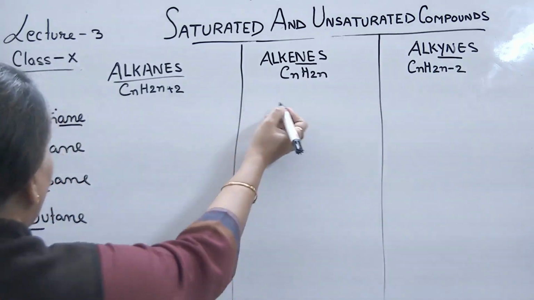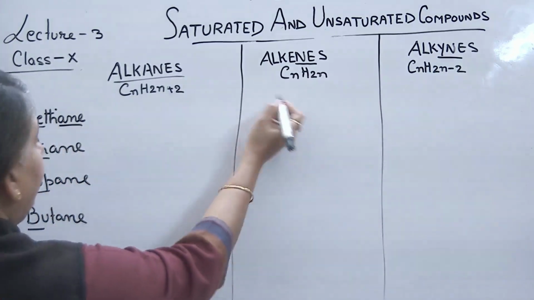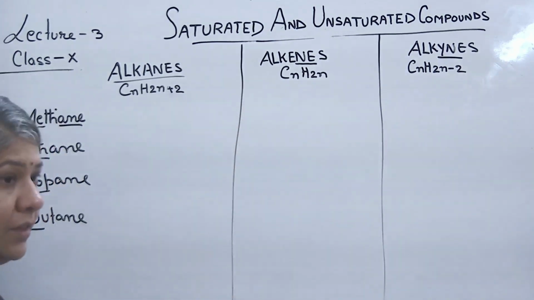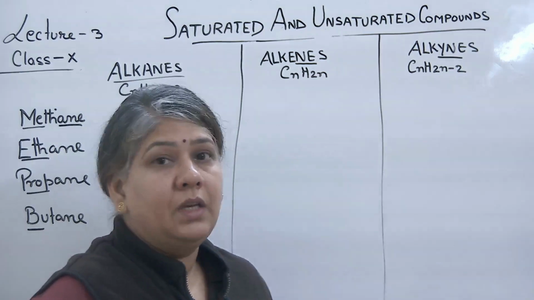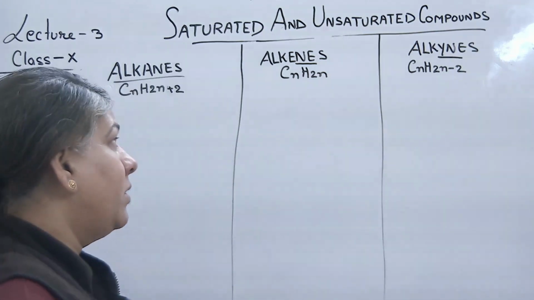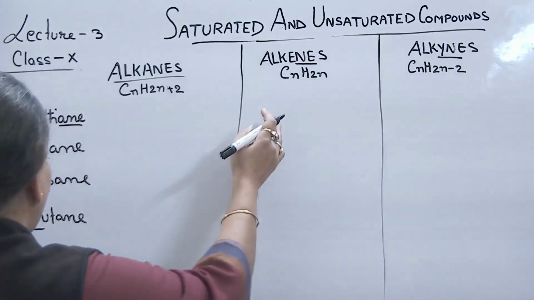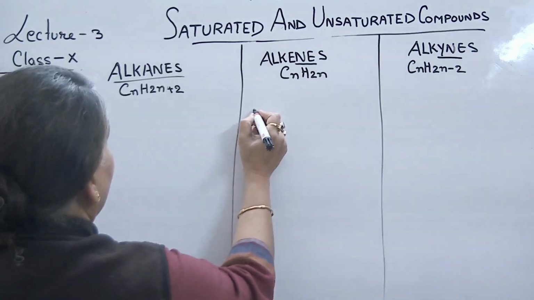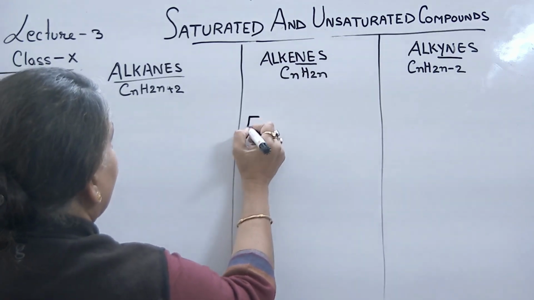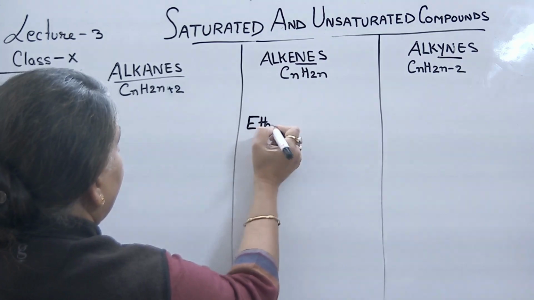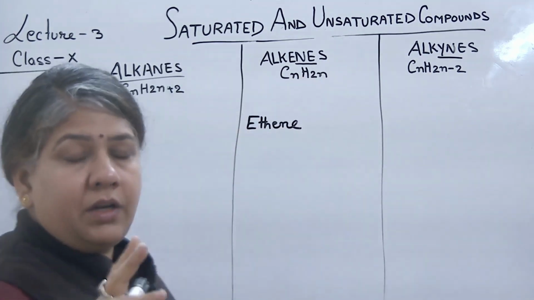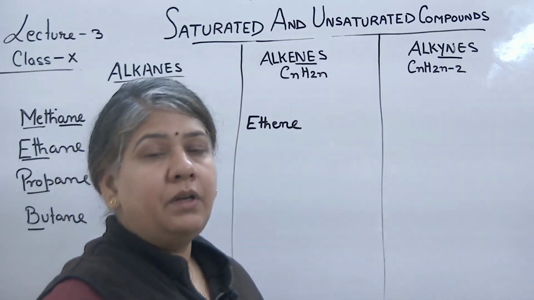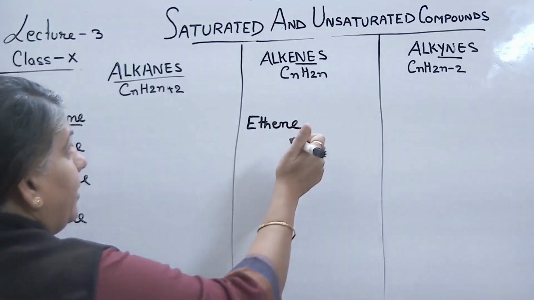Similarly, for the alkene series the first compound that will come to your mind is methene, but there is no such compound. So this series will begin with ethene. There should be a double bond between carbon and carbon atoms.